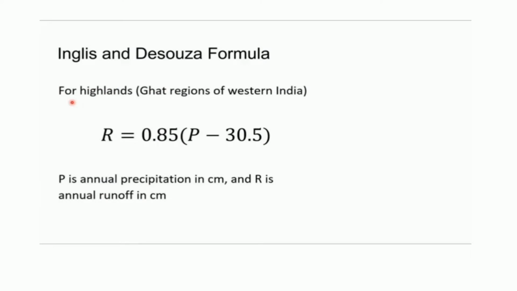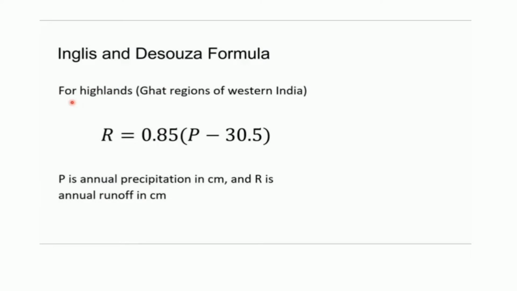English and D'Souza formula. As a result of careful stream gauging at 53 sites in western India, English and D'Souza in 1929 proposed two regional formulas between annual runoff in centimeters and annual rainfall in centimeters as follows.